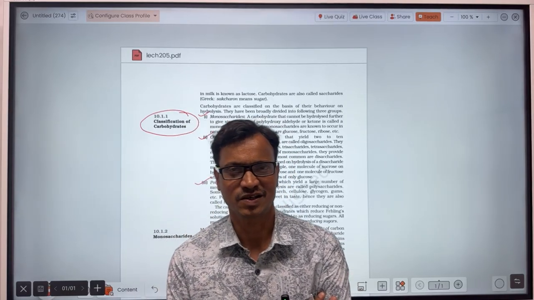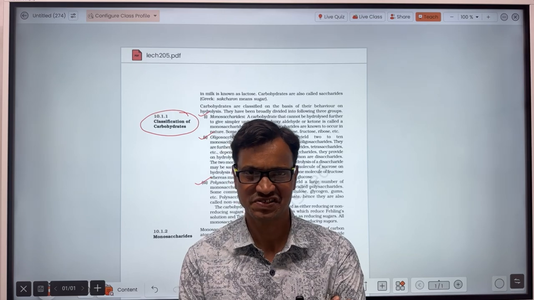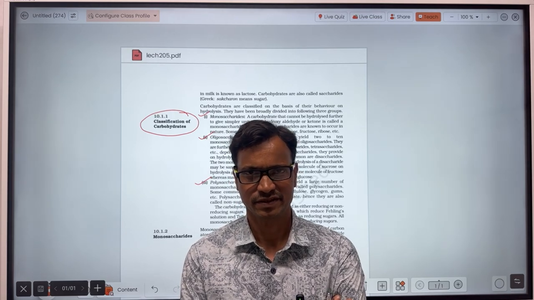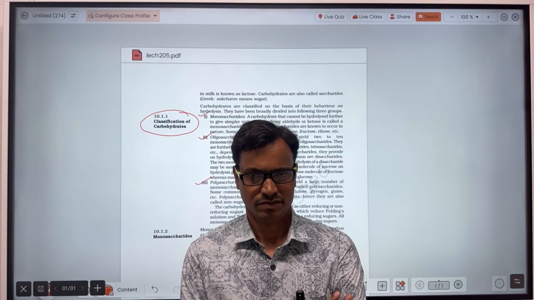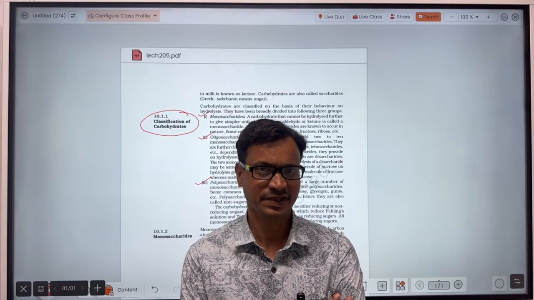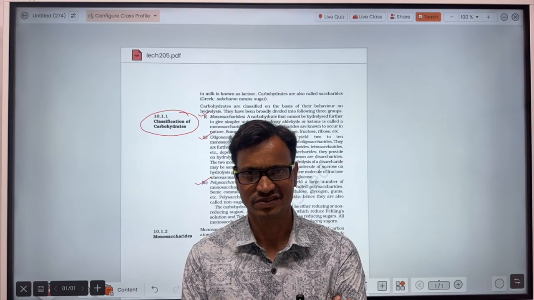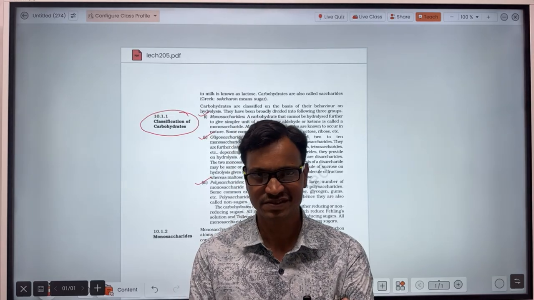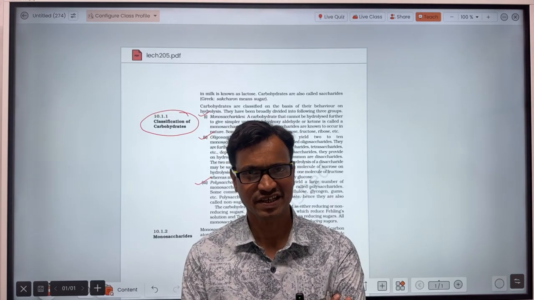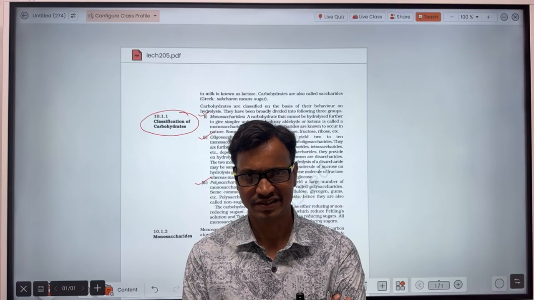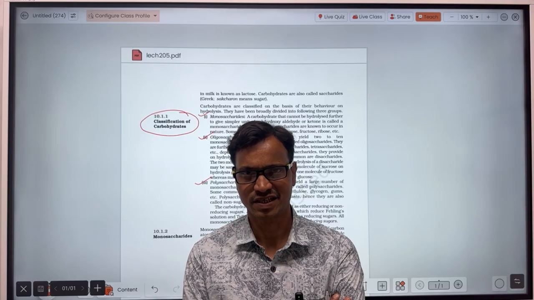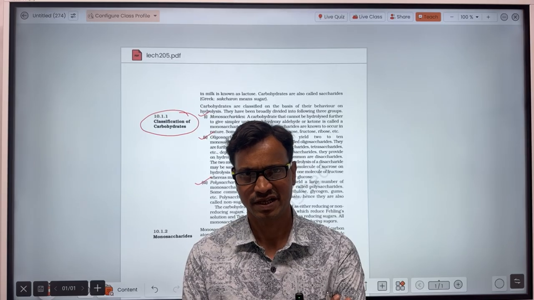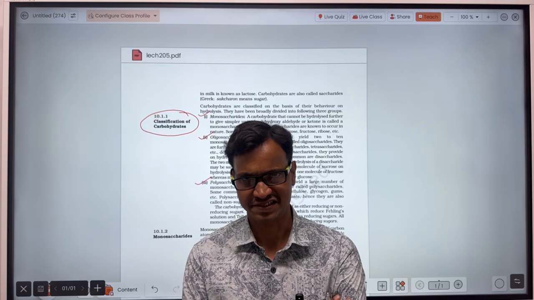That means the carbohydrate is made up of a single unit and hence cannot form more than one repeating unit when dissolved in water. That is a monosaccharide.